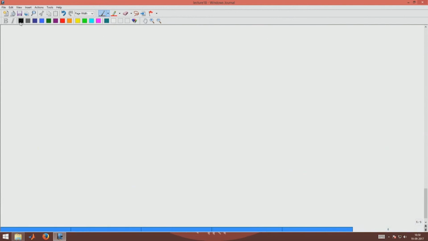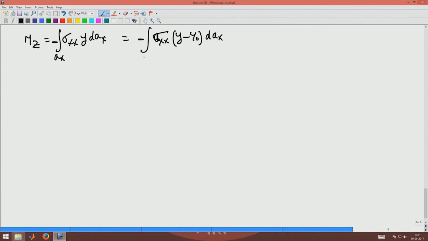Okay. Now, I know that the moment Mz is given by integral sigma xx into y dA of x. This I am claiming is the same as integral sigma xx into (y minus y naught) dAx, since P is 0, integral sigma xx into y naught dAx would be y naught into integral sigma xx dAx.